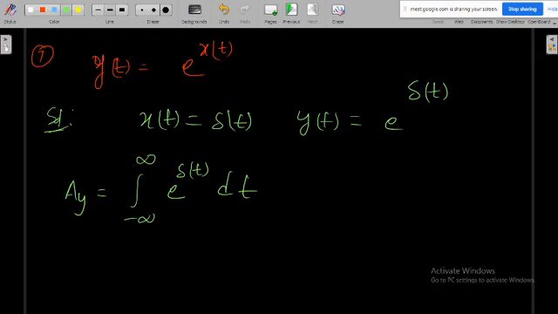Any idea whether this is finite or infinite? How to integrate this function?